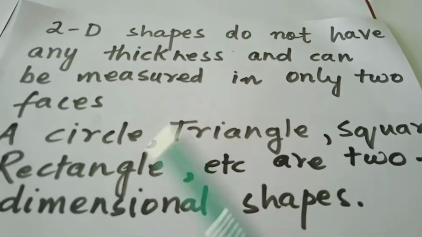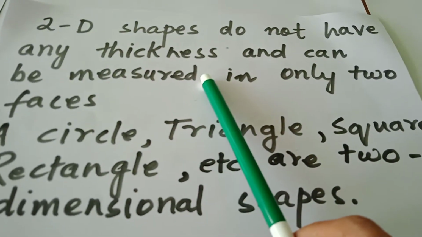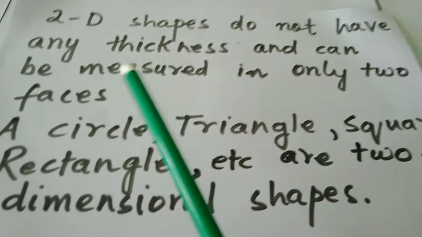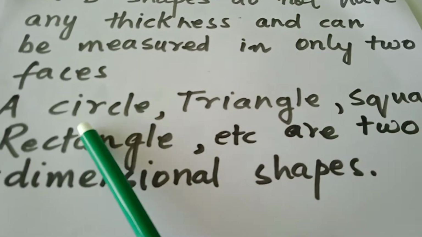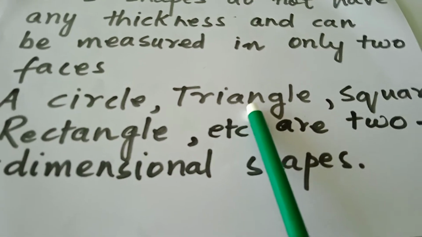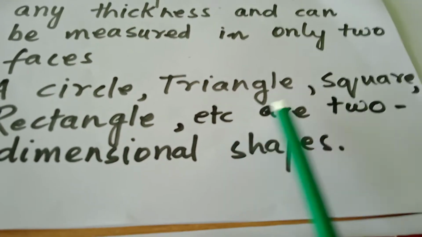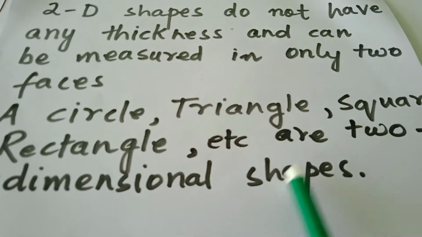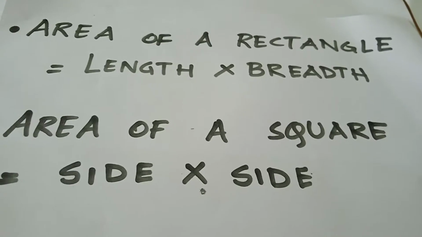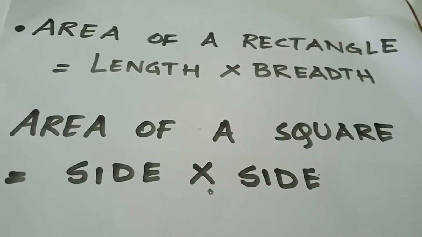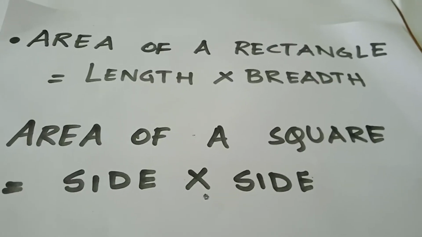For your information, these 2D shapes do not have any thickness and can be measured in only two faces: a circle, triangle, square, rectangle, etc. are two-dimensional shapes.